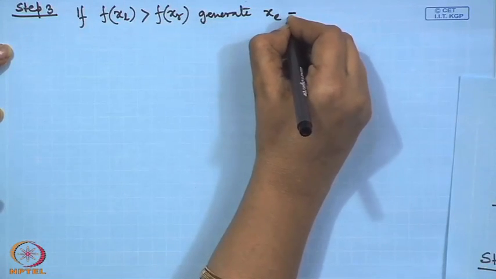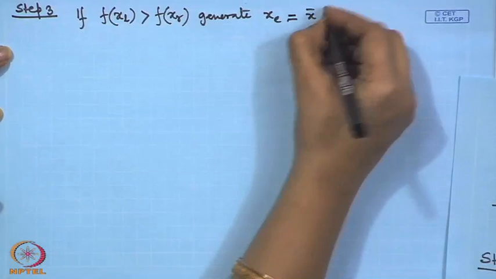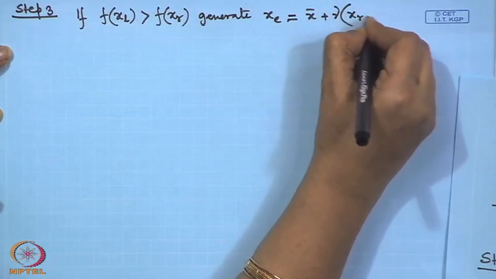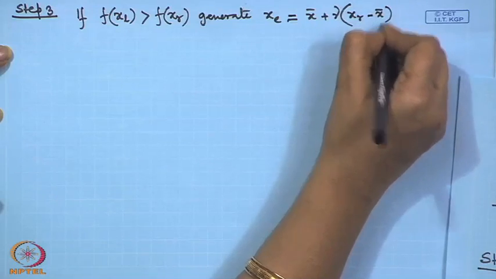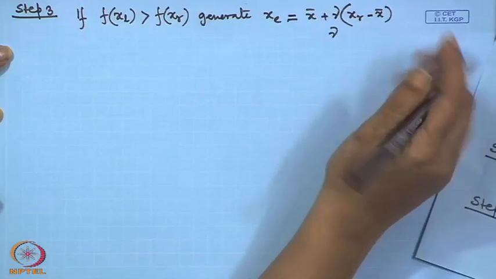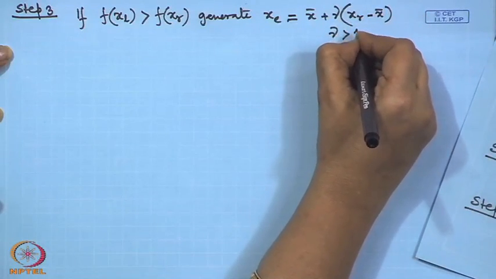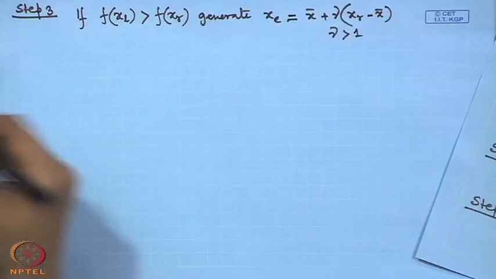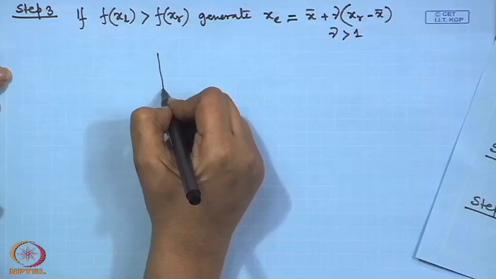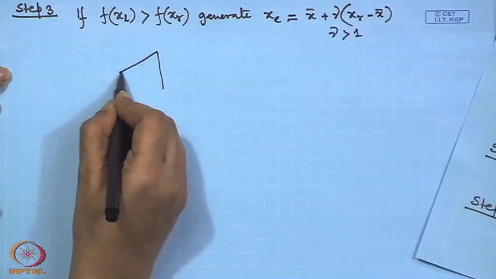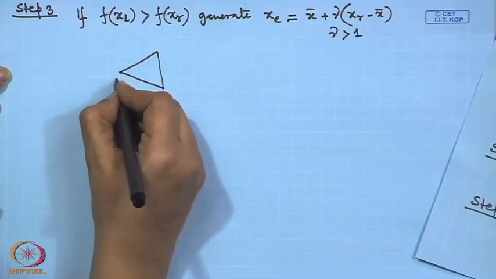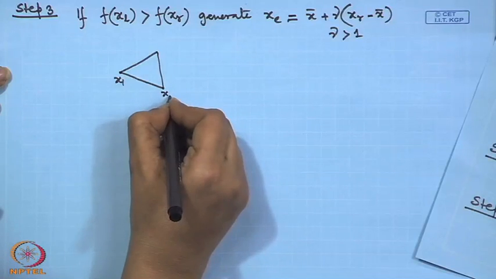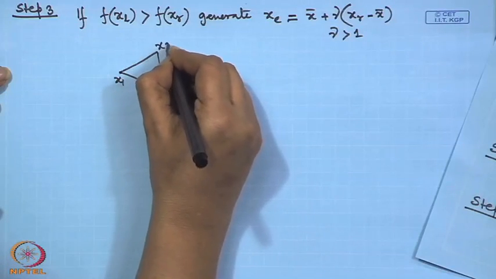How xe would be is equal to x bar plus gamma into xr minus x bar, where gamma is greater than 1. If I see the figure here, this is the initial figure, x1 is having the higher value. What is the alternative for us?